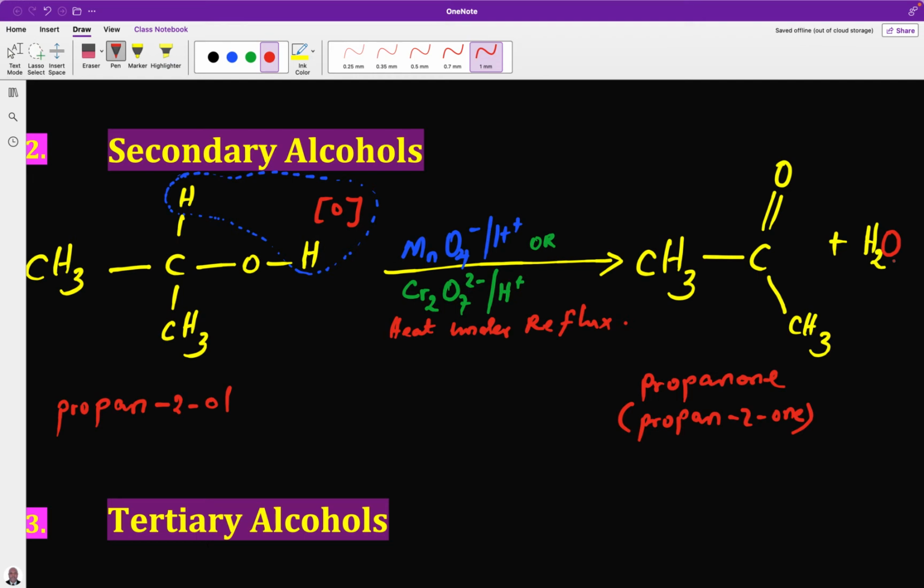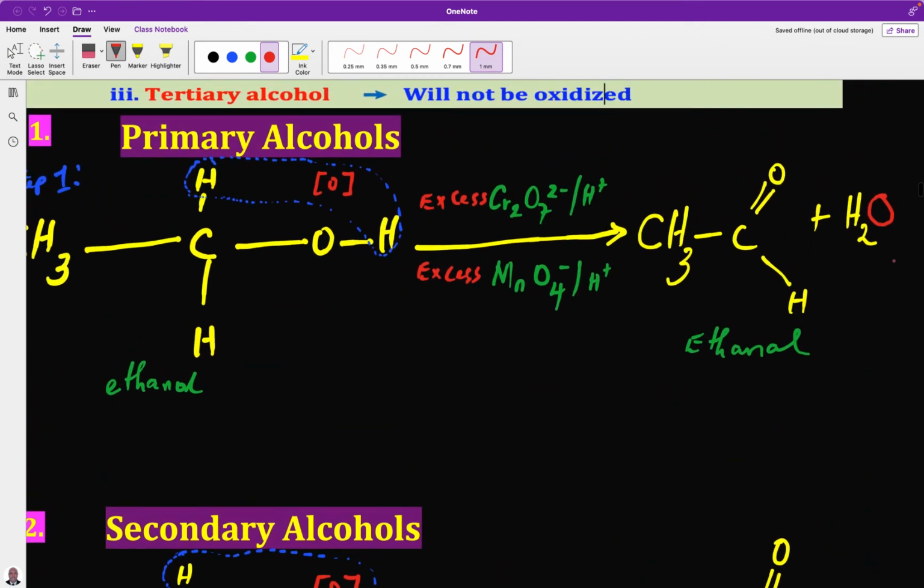So, once more, primary alcohols are oxidized to what? Primary alcohols are oxidized to carboxylic acid. But if you want to obtain an aldehyde, immediately the reaction mixture is heated under reflux, the aldehyde formed should be distilled immediately.